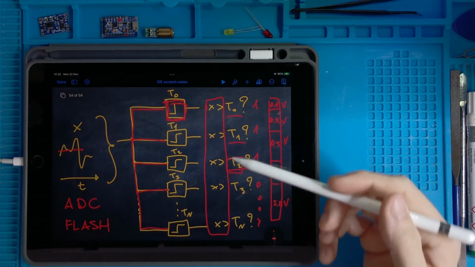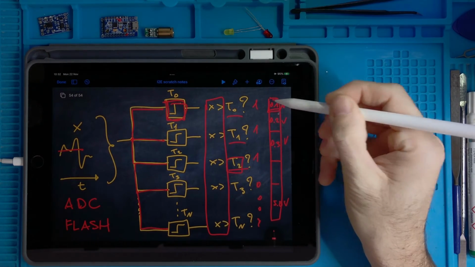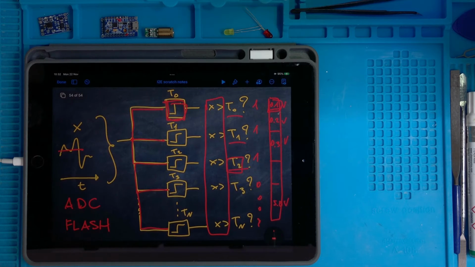The thing is that we need so many of them, one per each level of voltage we want to convert.